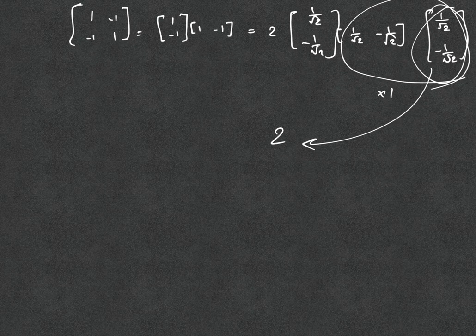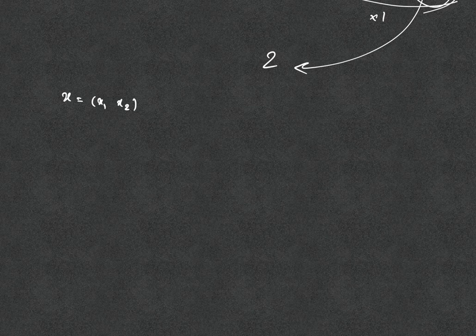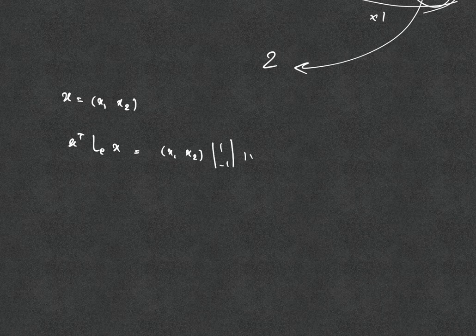So that's one thing. And this decomposition implies that if you have x being a vector of x1 and x2 with 2 attributes for node v1 and node v2, then doing x transpose L x is going to be x1, x2 times 1, minus 1, minus 1, 1, times x1, x2. You can think of this as some sort of a differentiation, and you're going to have x1 minus x2 to the power of 2.